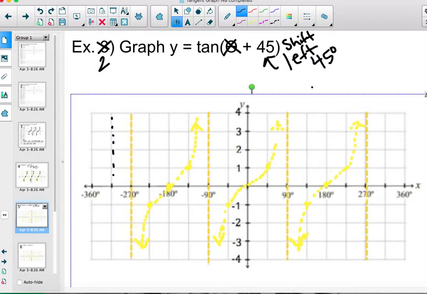I'm going to move all of my asymptotes to the left 45 degrees, and then just move every point 45 degrees.